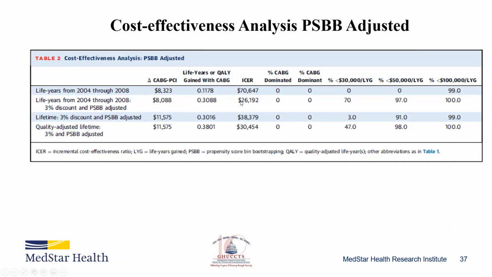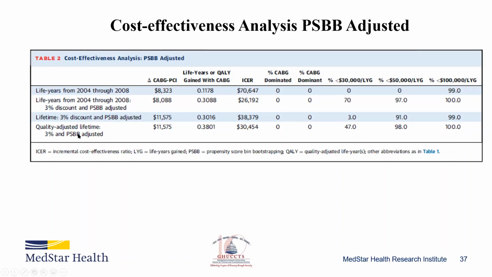And then the ICER turns out to be just this divided by this, which is $26,000. And so what this means is that 70% of our bootstrap replicates were below $30,000 per life year gained. And then we do the same thing for lifetime analysis and then quality adjusted lifetime analysis with discounting.